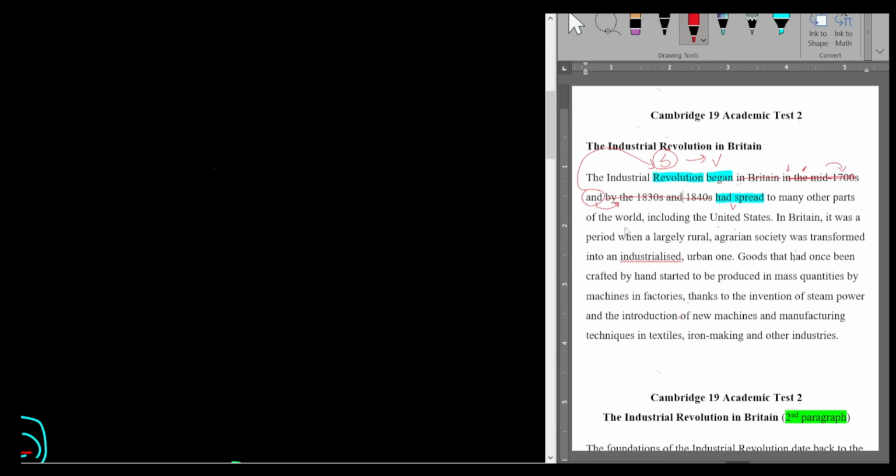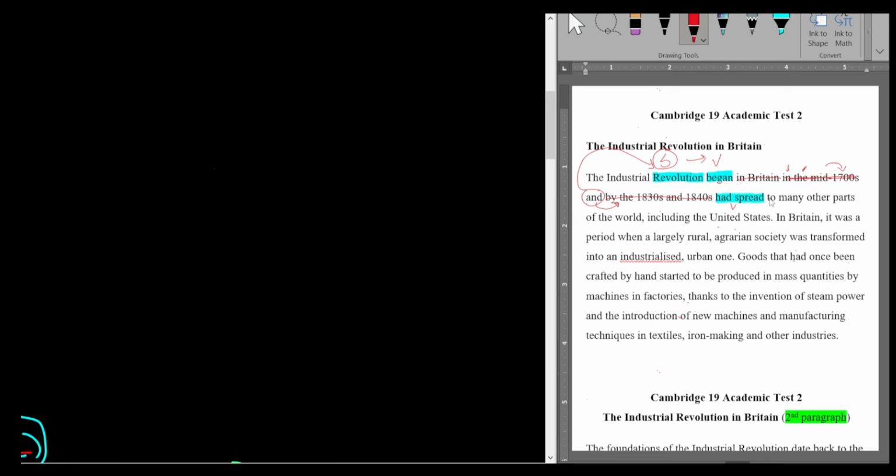For now, just know simply that if there is no subject after "and" and there is a verb alone, consider the subject before "and" as the subject after "and". So the sentence will be: the industrial revolution began and the industrial revolution had spread.